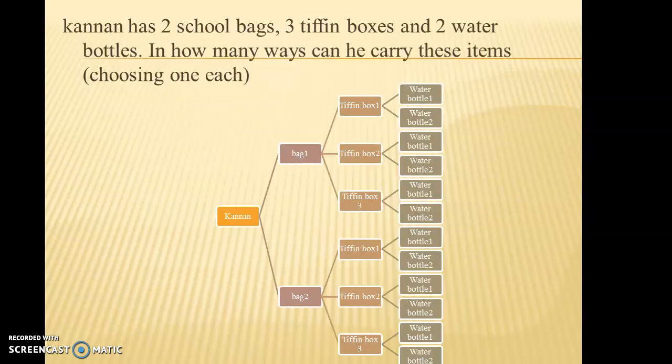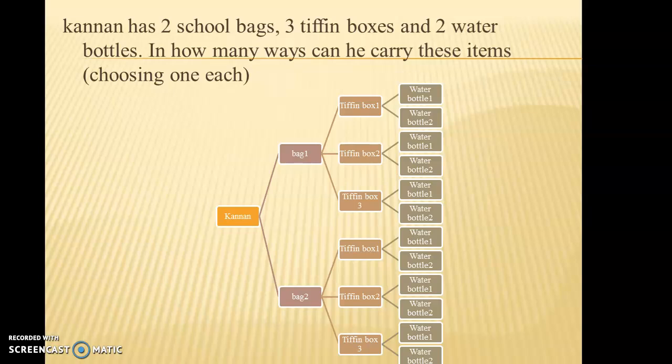So we take another example. Kannan has two school bags, three different boxes, and two water bottles. In how many ways can he carry these items, choosing one each? So we see the diagram. Kannan has a choice of two bags, so he can choose one out of these two bags.